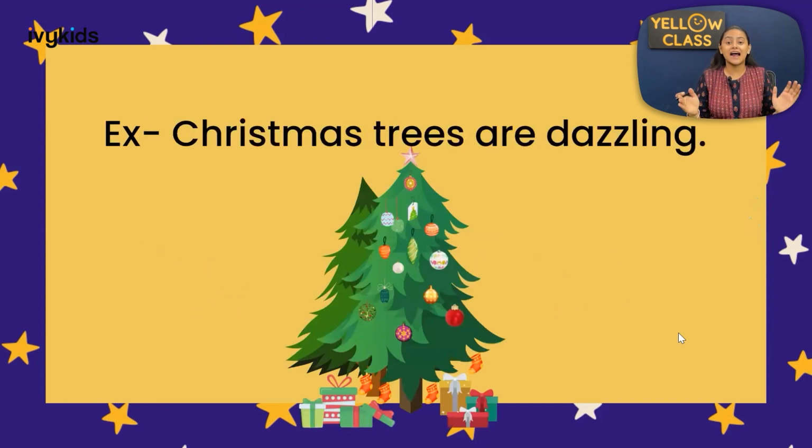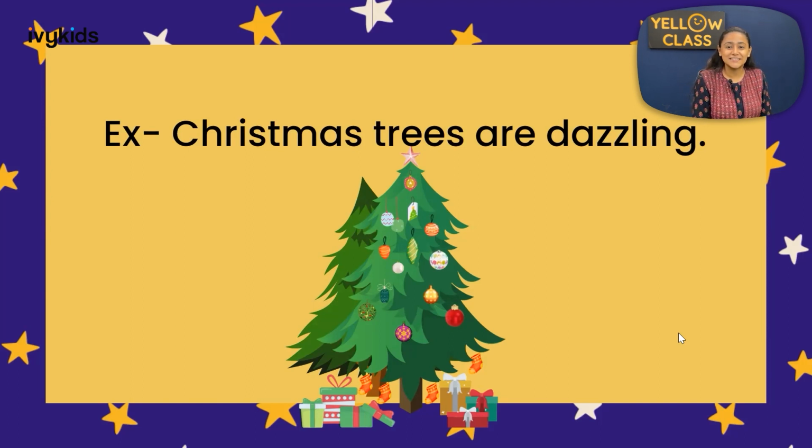Christmas trees are dazzling. Now can my super kids try to guess in the comment section what the naming part is in this sentence? Make a guess please, everybody. I want to see all of your responses. Come on everybody.